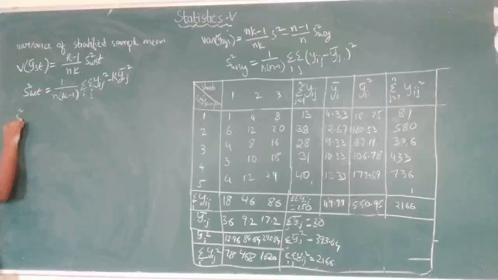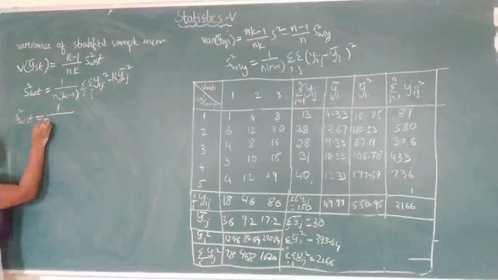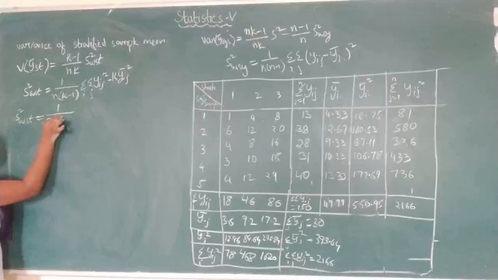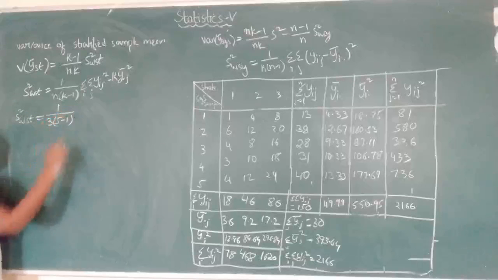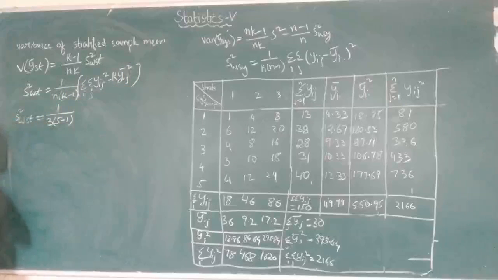S square wst is equal to 1 by n, where k value is 5, minus 1, so double summation y ij square value. What is the double summation y ij square value? We got 2166.